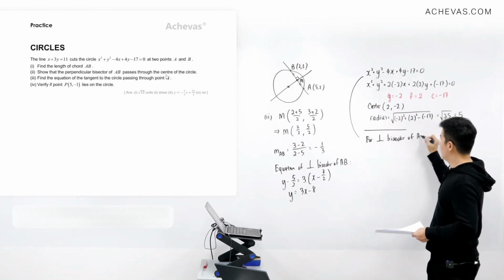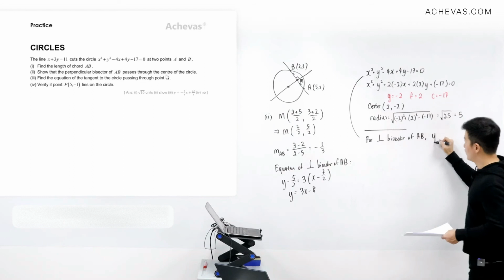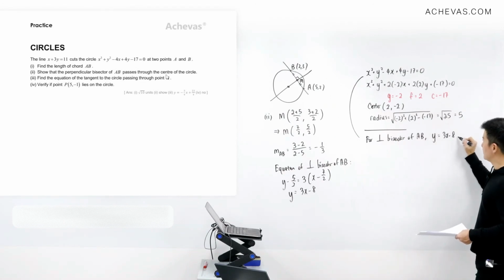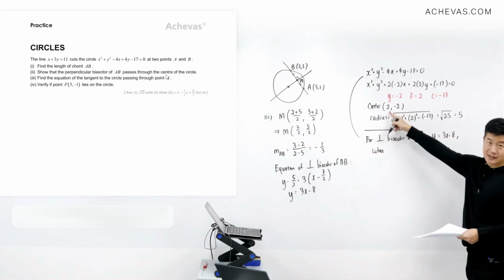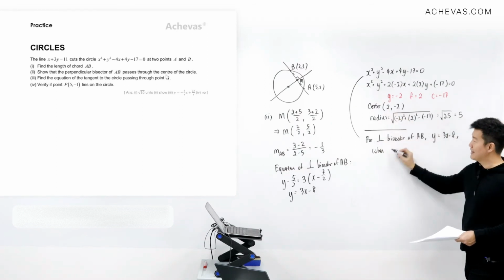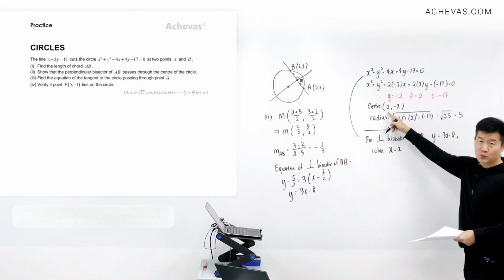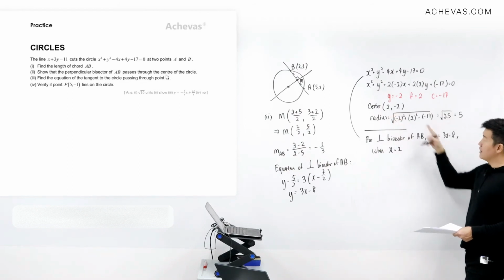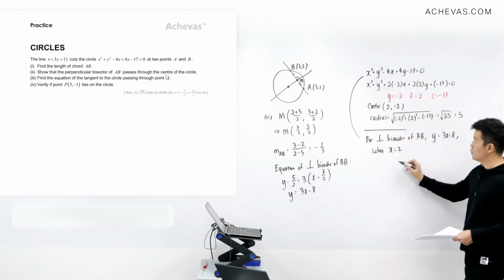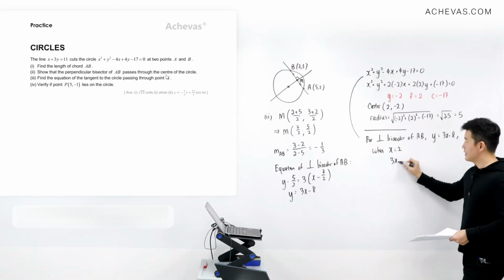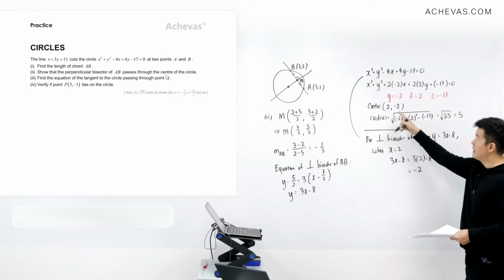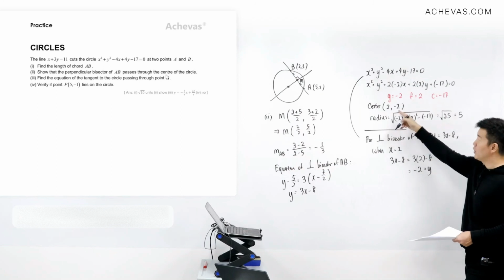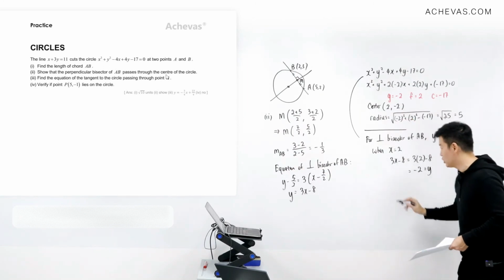So based on this, for the perpendicular bisector of AB, which is y is equal to 3x minus 8, the center is this, 2, minus 2. So when x is equal to 2, let's check whether the y is minus 2. So when x is equal to 2, then 3x minus 8 is 3 times 2 minus 8, which is minus 2, and that is the same as the corresponding y coordinate for the center of the circle.